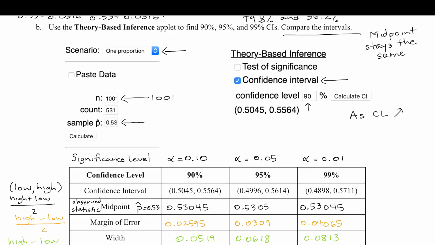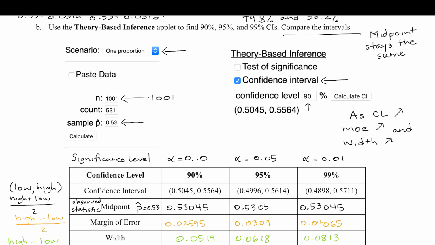As the confidence level goes up from 90% to 95% to 99%, the margin of error keeps going up, and the width of the confidence interval also goes up. So the margin of error and the width of the confidence interval increase as the confidence level increases. So as you read across the margin of error row, you see those orange numbers going up as we move from left to right.